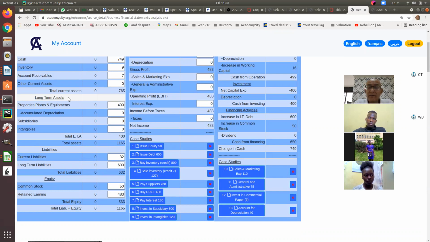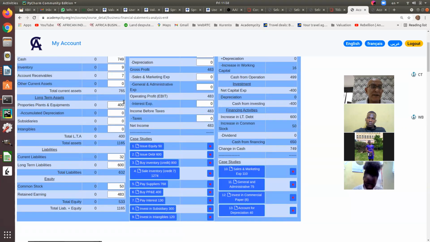That will be a long-term asset. So buying a truck, buying a building, buying machinery, all of those are property, plant, and equipment. All of them most likely are going to be held in the business for more than a year. So all of those will be in the long-term assets.